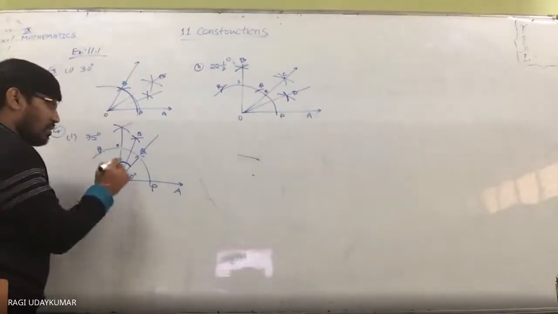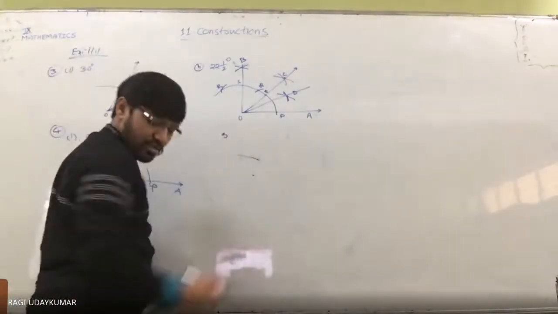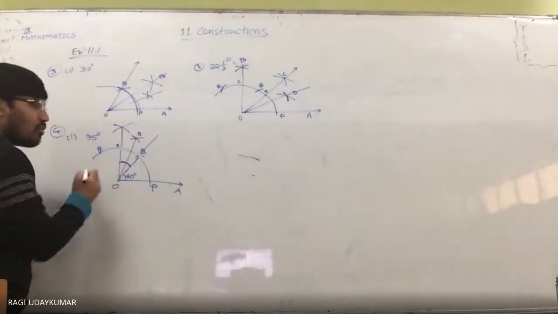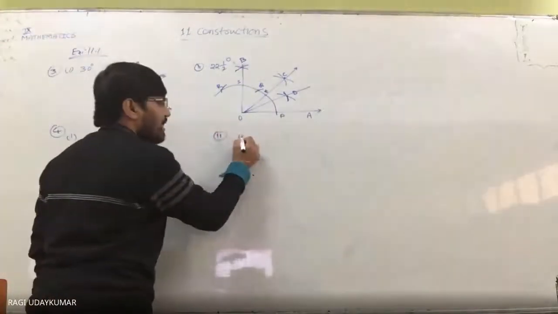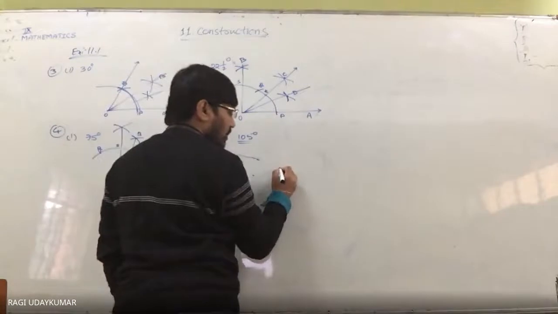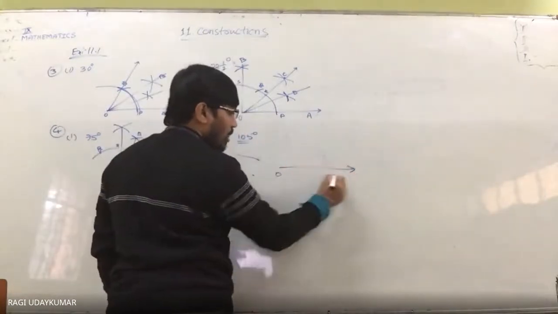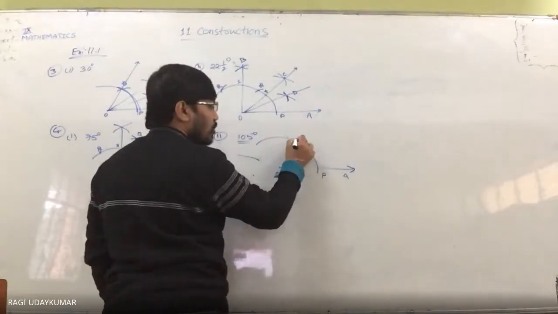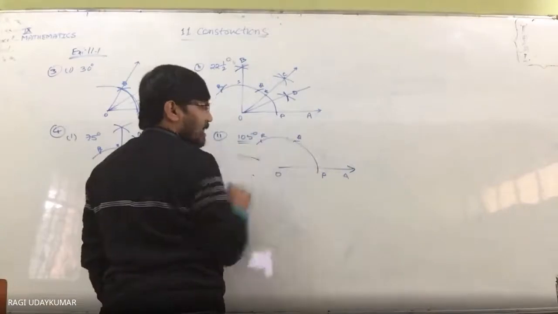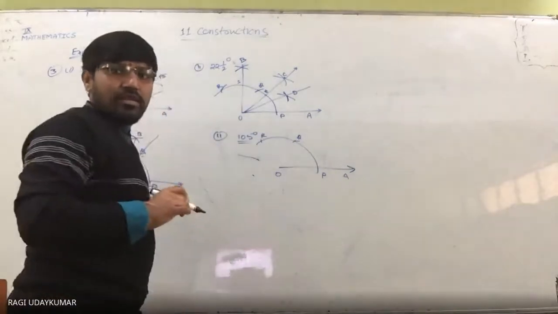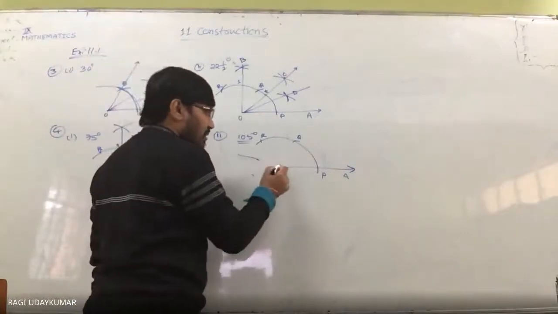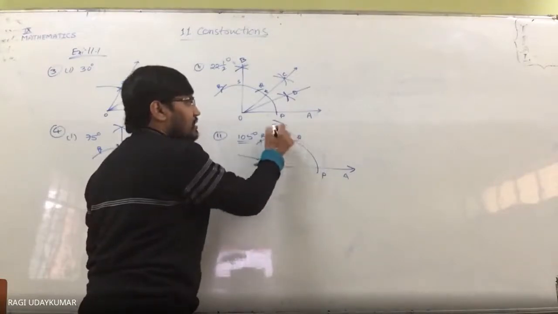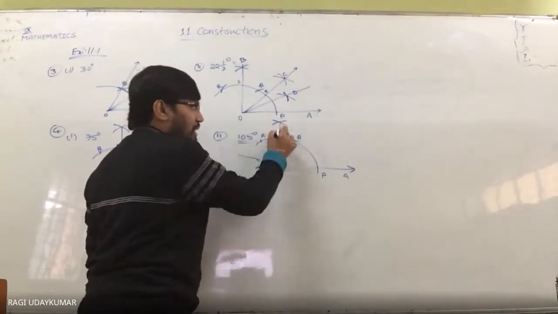Suppose you want 105 degrees. SOR, you have to bisect SOR to get 105 degrees. Draw the same ray OA, O as a center, draw R, P as a center, Q as a center, here R. Q as a center, R comes. Then bisect it; no need of drawing anywhere, Q as a center like this, draw two arcs and touch from here to here.